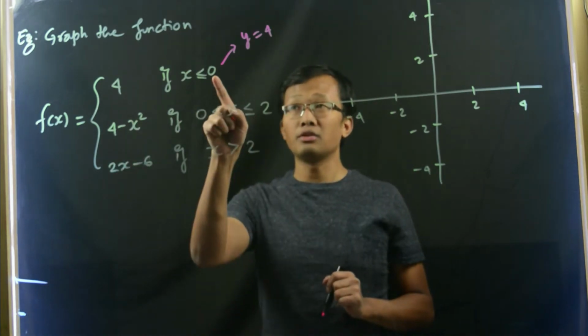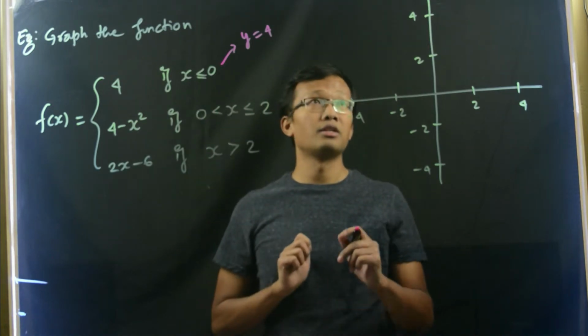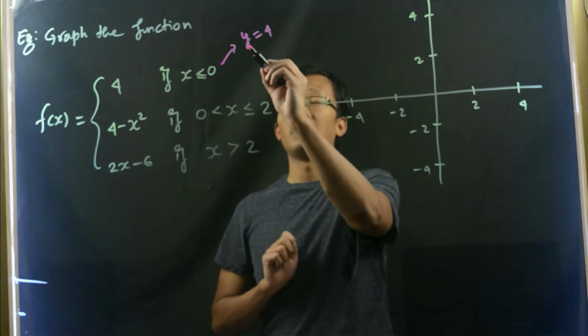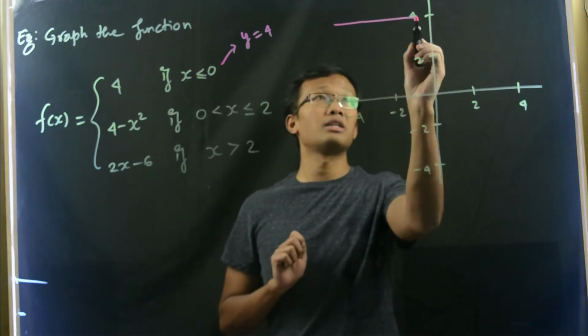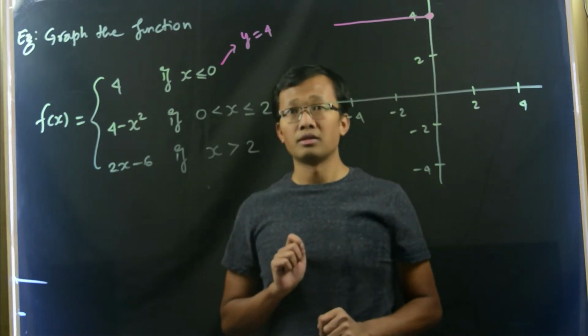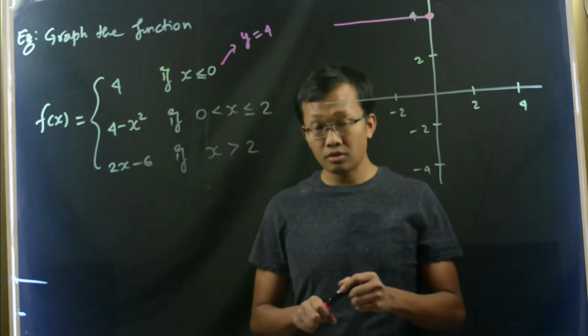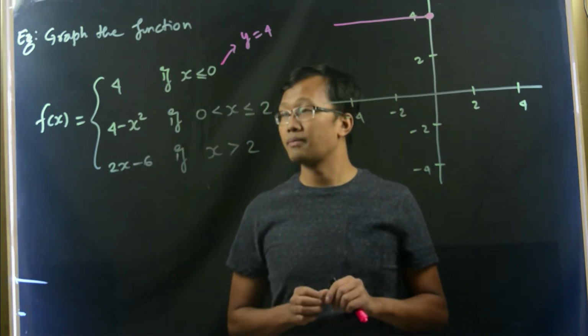We include this 0 also, since there is an equality sign. So y equals 4 is simply a straight horizontal line, and here let me draw a shaded circle. That's the first formula.